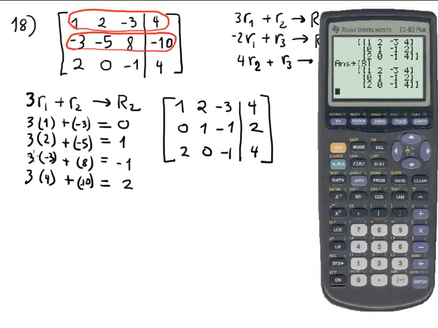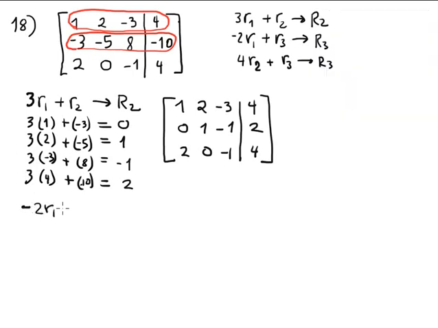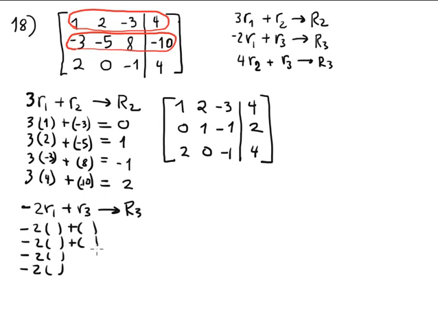Okay, this is a partial result, so I want to use it in the second part. So in the second part, we have minus 2 R1 plus R3, stored in the new R3. So minus 2 times row 1, plus row 3. Row 1 is 1, 2, negative 3, and 4.